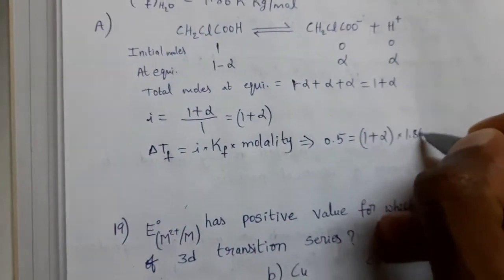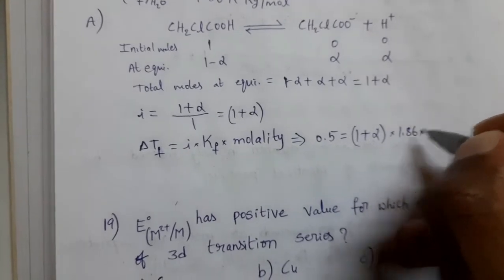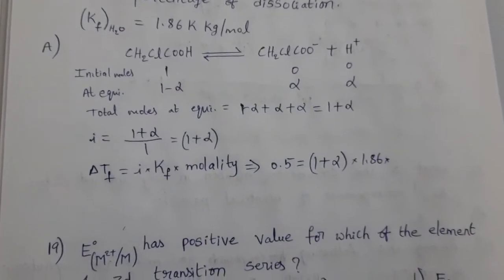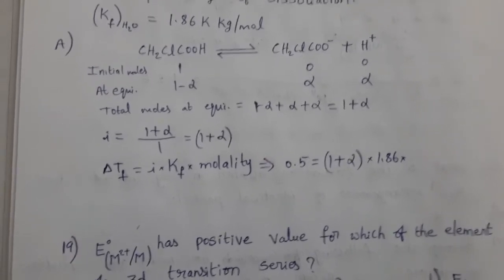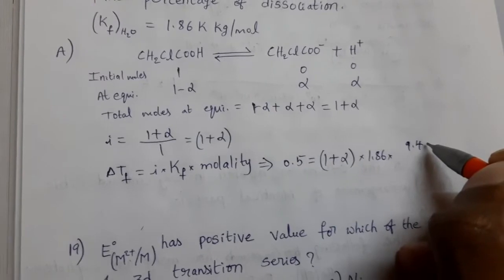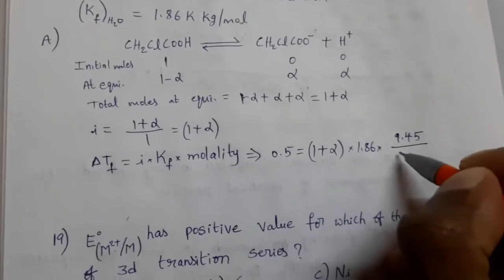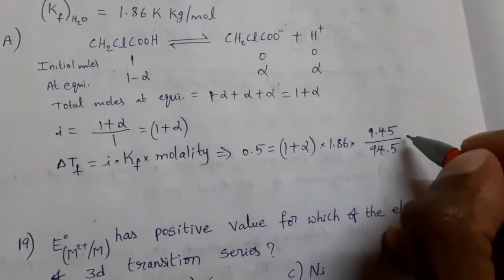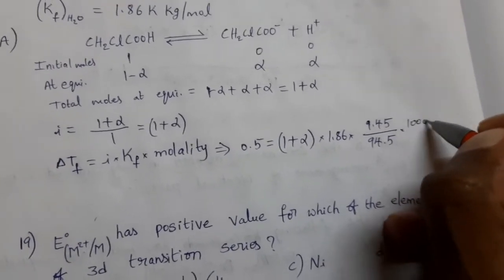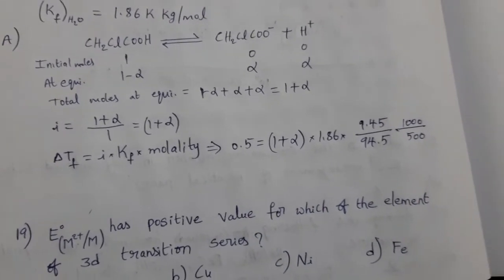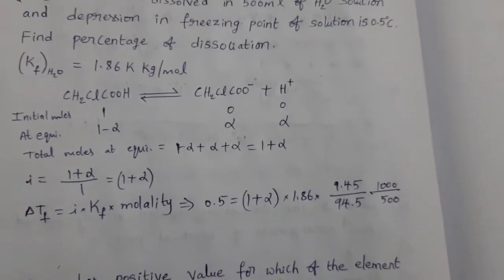Kf 1.86. Molality means the number of moles of solute present in 1 kg of the solvent. Here the number of moles is the given mass of the solute, 9.45, divided by 94.5 molar mass, into 1000 by 500. For water in ml, we can consider 1 ml equal to 1 gram.